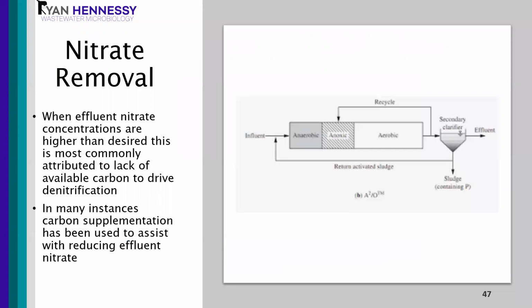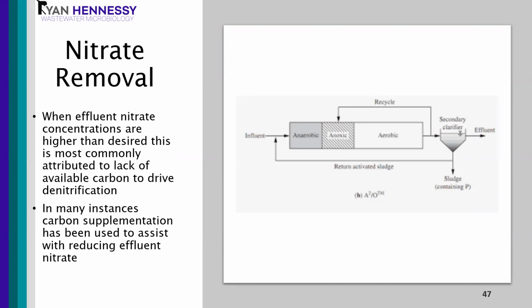So when effluent nitrate concentrations are higher than desired, it's usually because there's a lack of available carbon or food to drive denitrification. In many instances, carbon supplementation has been used to assist with reducing effluent nitrate concentrations.